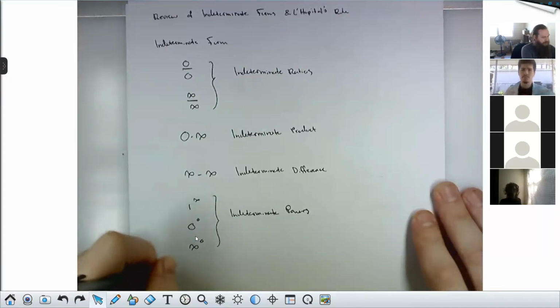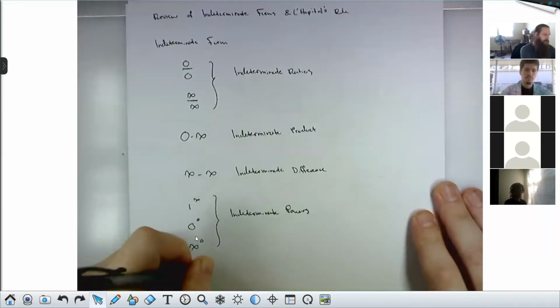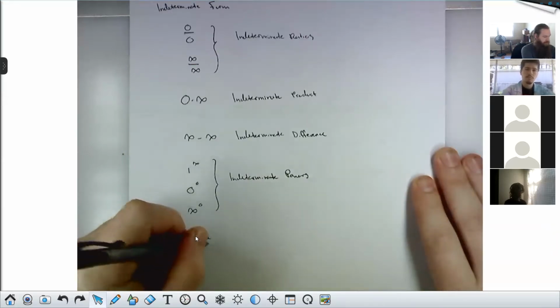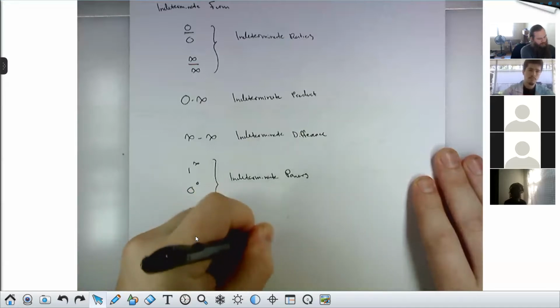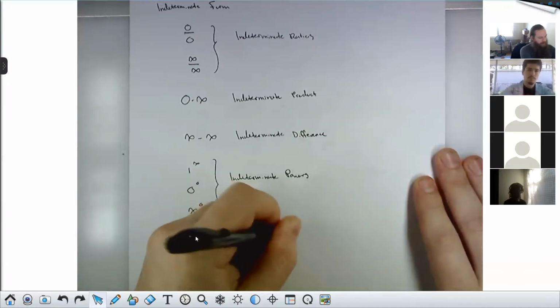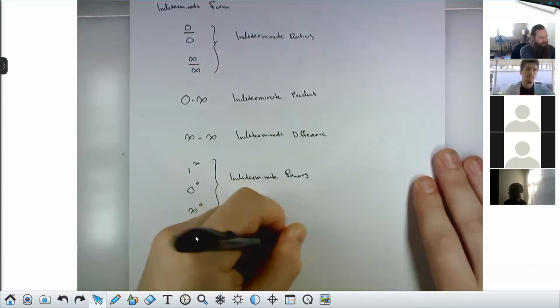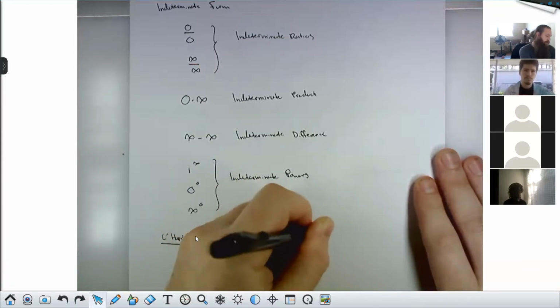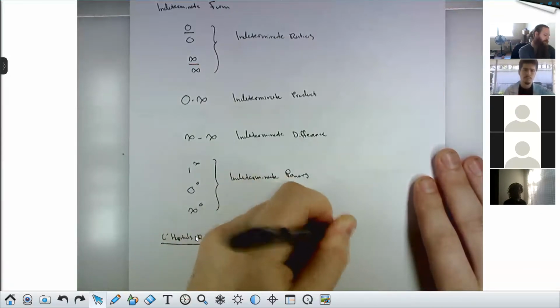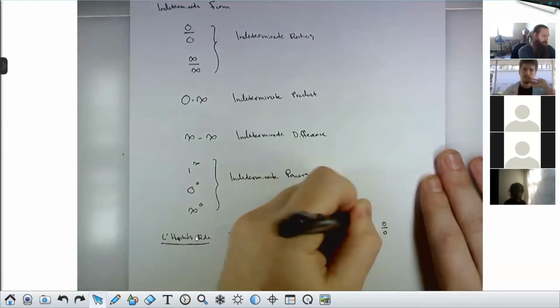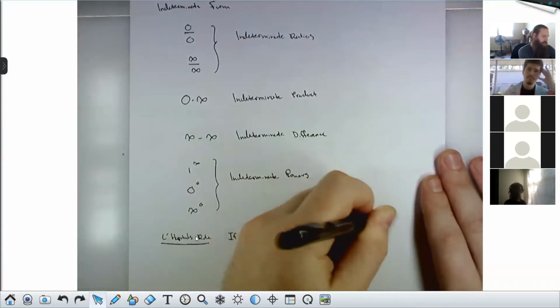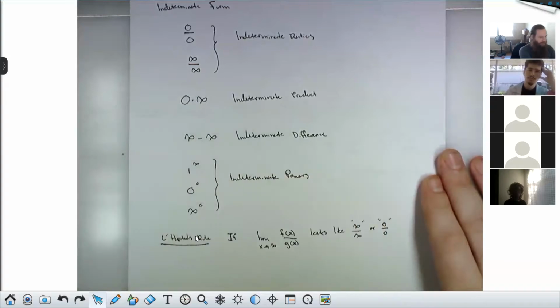L'Hopital's rule says, if the limit as x goes to infinity of f of x over g of x looks like infinity over infinity or 0 over 0, I like to put these in quote bunnies, saying like I am not responsible for these.